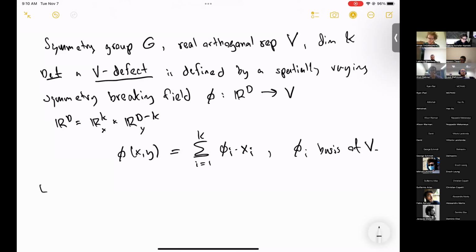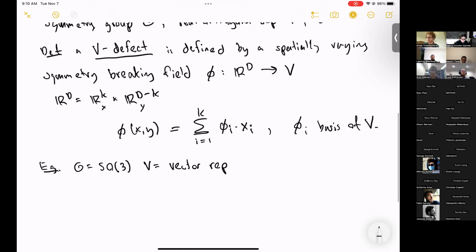But okay, I'll give you another example. Let's take G to be SO(3) and V to be the vector representation. Here the symmetry is broken down to some SO(2). And there's a codimension 3 defect associated with this, which is the hedgehog.